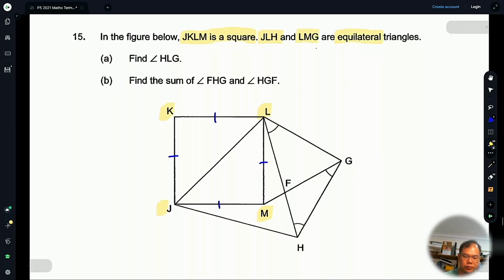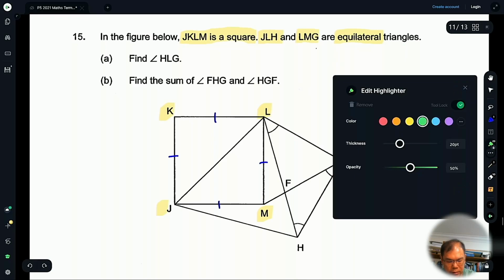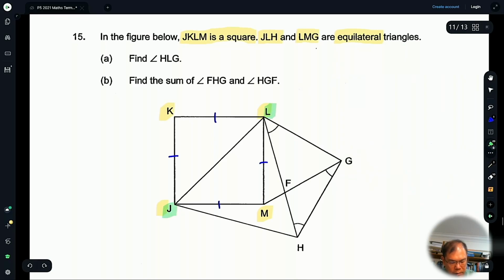Equilateral means they have 3 equal sides, and the 3 angles inside the equilateral triangle would be 60 degrees. So where is J, L, H? J, L, H is equilateral.